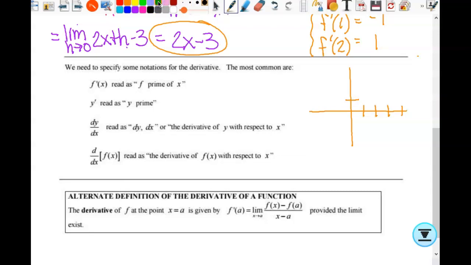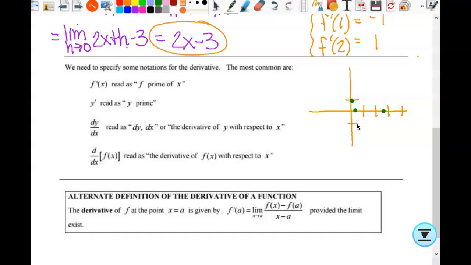So your y-intercept is 0, 1. One of your zeros is at about 0.4. Another one is at about 2.6. Okay, they don't have to be perfect. And then I should have made a negative one down here also.